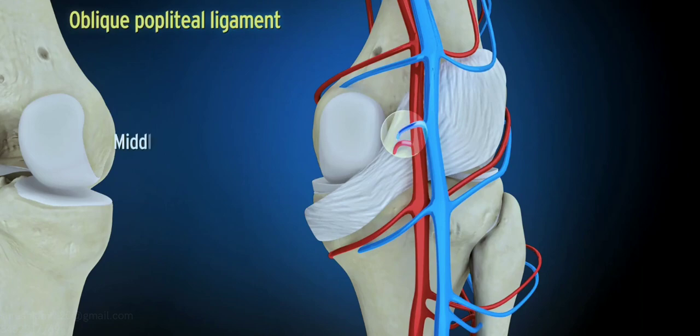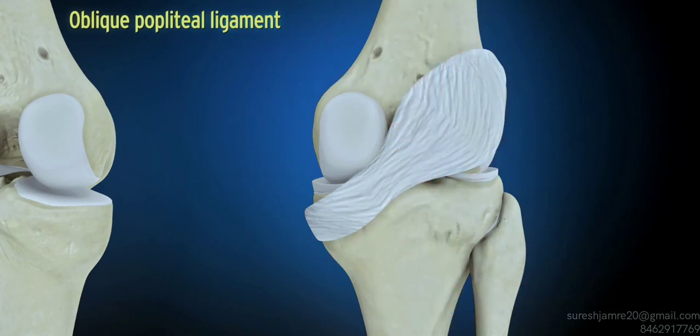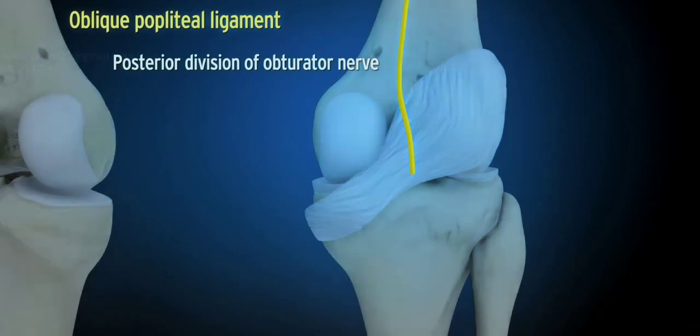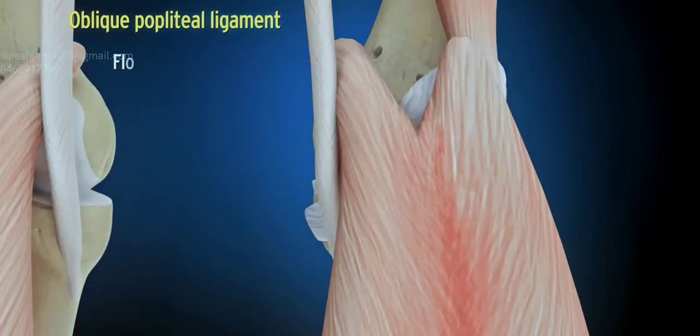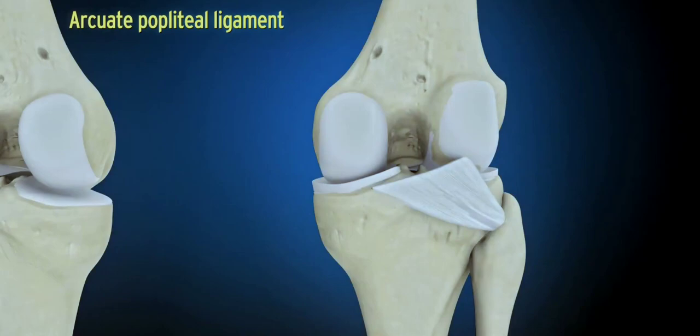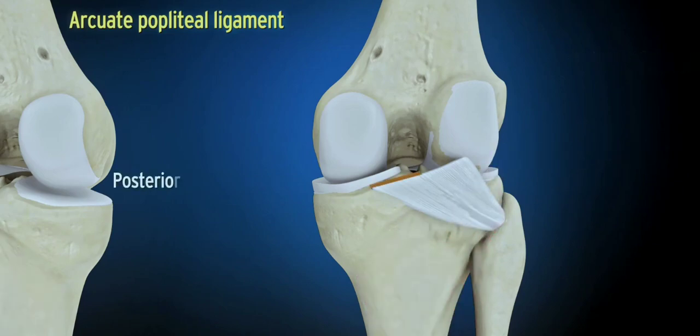It is pierced by the middle genicular vessels and nerves, and the terminal part of posterior division of obturator nerve. It forms the floor of the popliteal fossa. Arcuate popliteal ligament. It extends from the head of fibula, arches over the tendon of popliteus to the posterior border of intercondylar area of tibia.